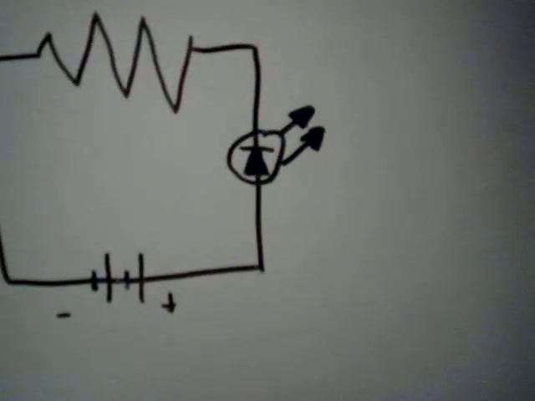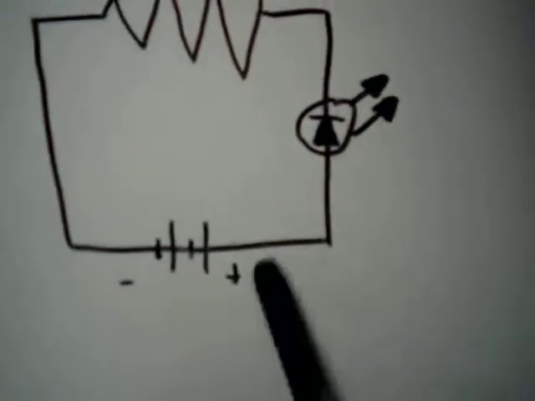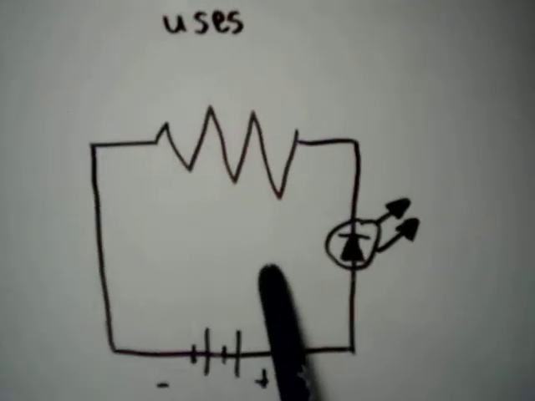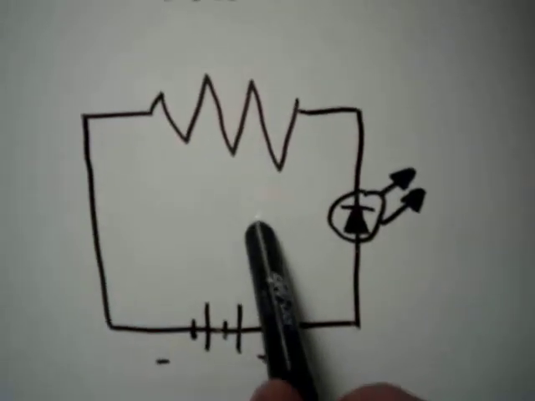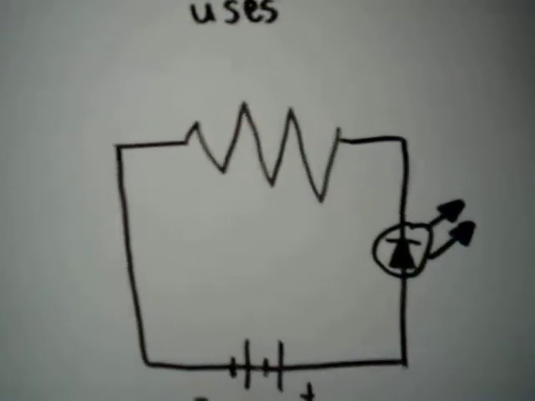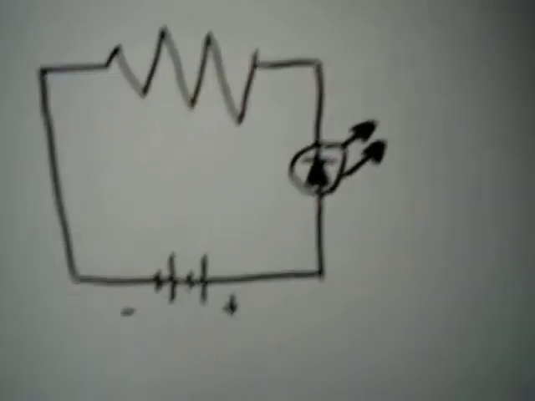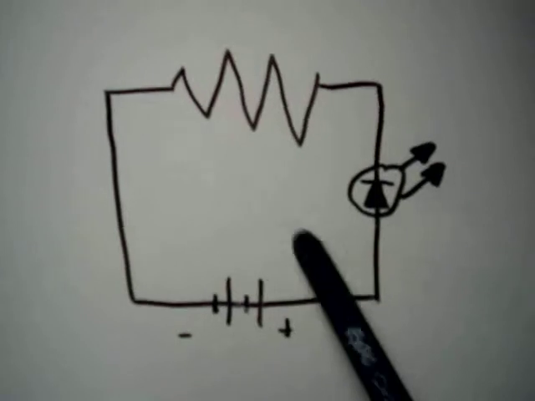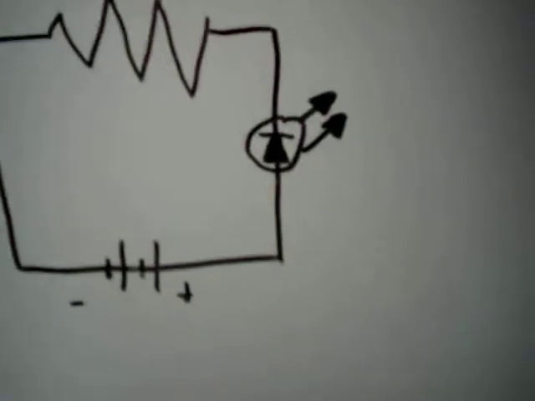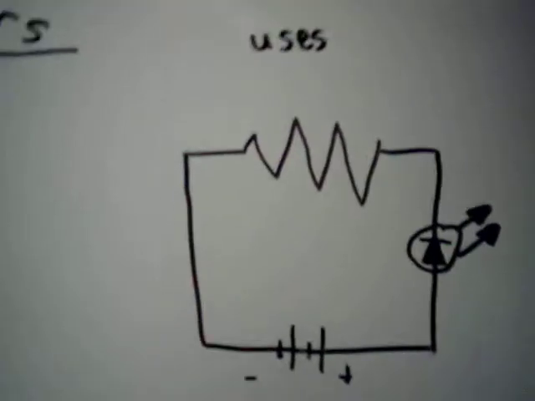So you have to limit the current that goes into it, and you do this with a resistor. Using Ohm's law, you find the resistor that fits the limits of your LED, and it'll prevent your LED from getting fried, so it's very useful.